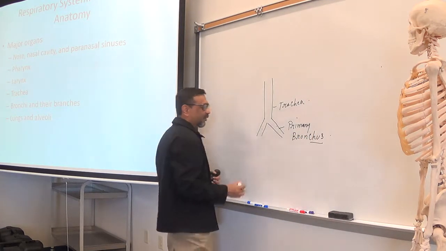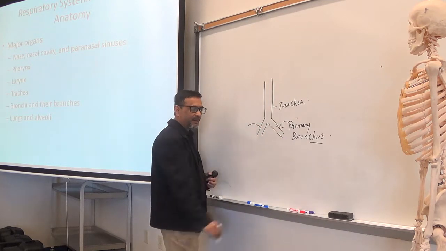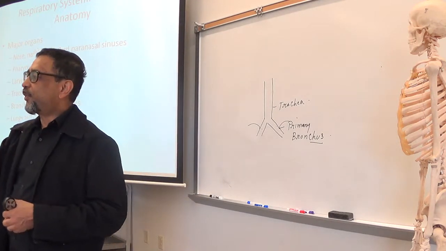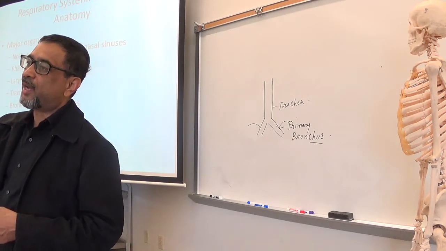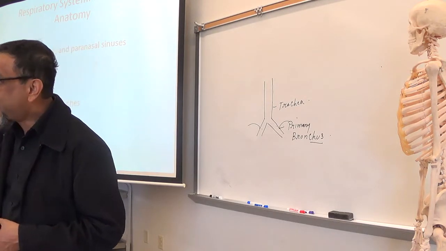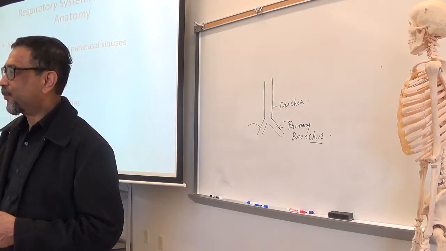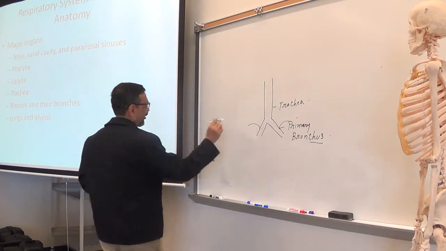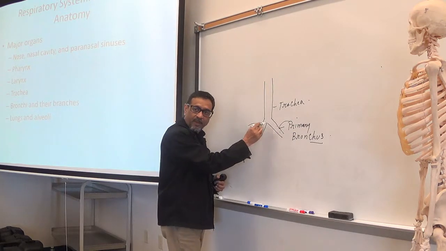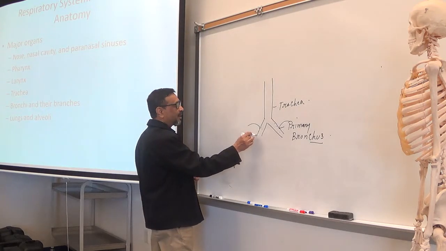Okay, so this is right primary bronchus, this is left primary bronchus. If you say bronchus, that means one. If I say bronchi, that is plural. So how many bronchi you have? Two. Okay, and they enter into the lung.